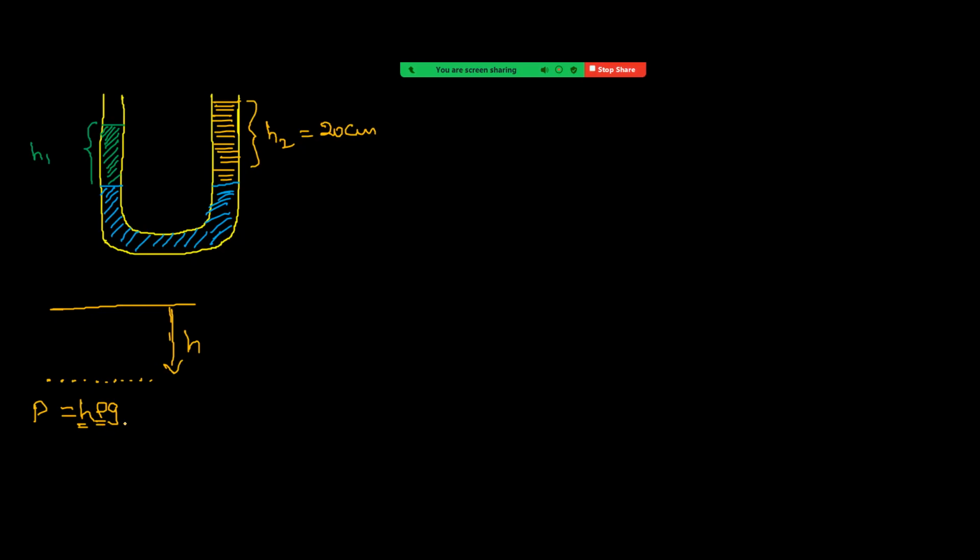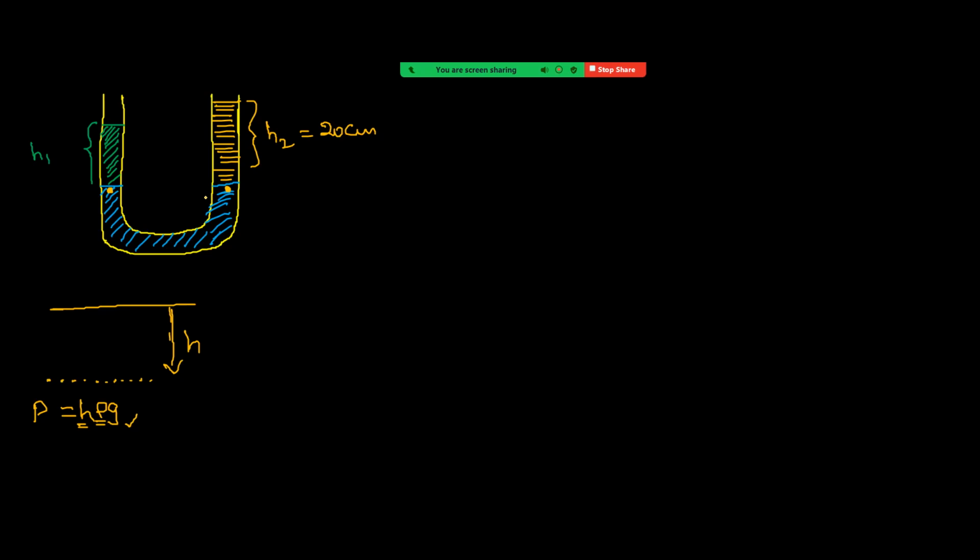Now using this logic in this problem, now focus carefully. We are taking a point just below the interface of water and mercury. Next, coming to here, I am taking now just below the interface of oil and mercury, one point. So we have taken two points in same liquid. Both points are in mercury.